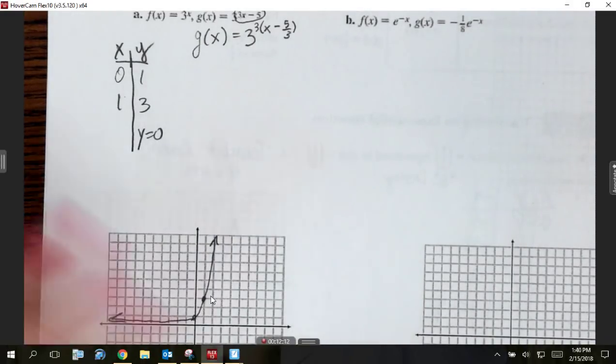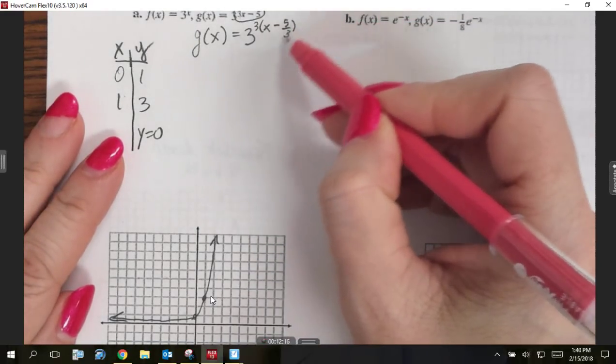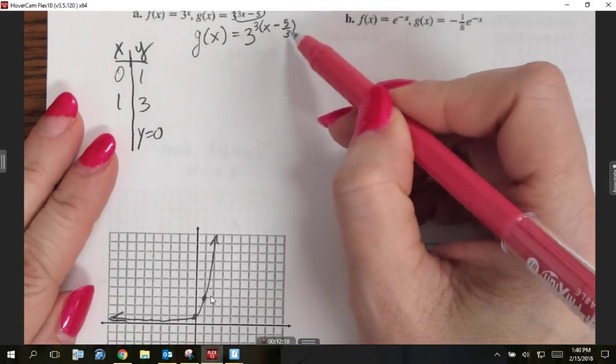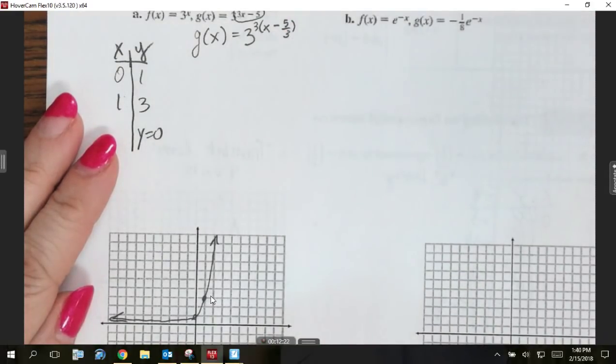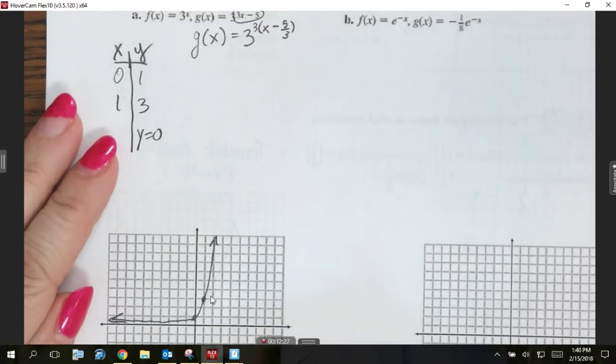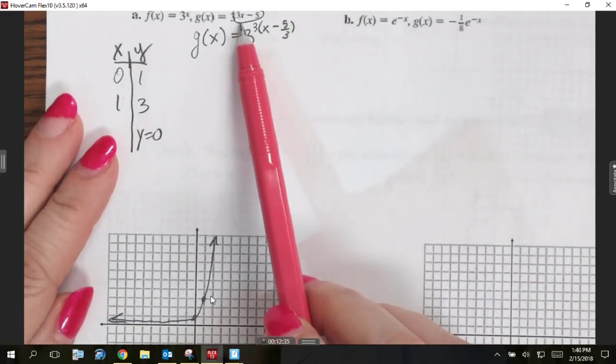Then I'm going to use transformations. What transformations are happening here? There's 2. Where's the 3 located? But it's with the x still. Like in the previous step, it's still part of that exponent.